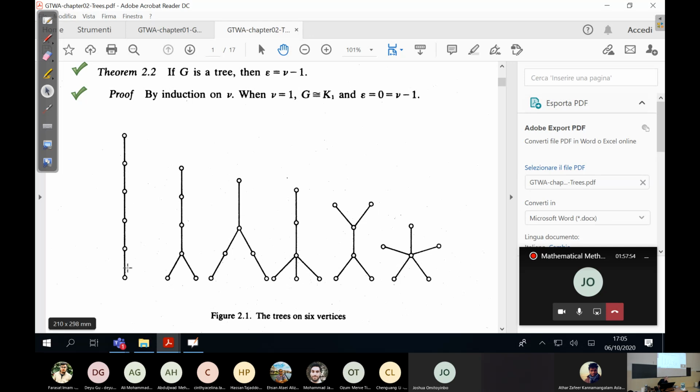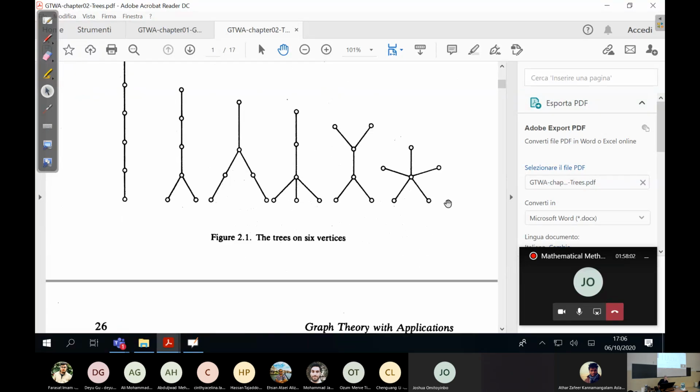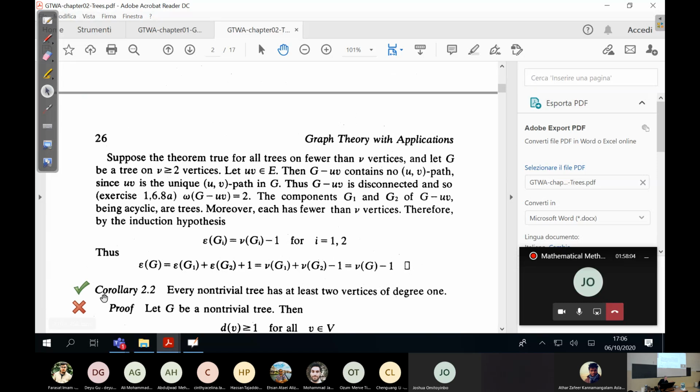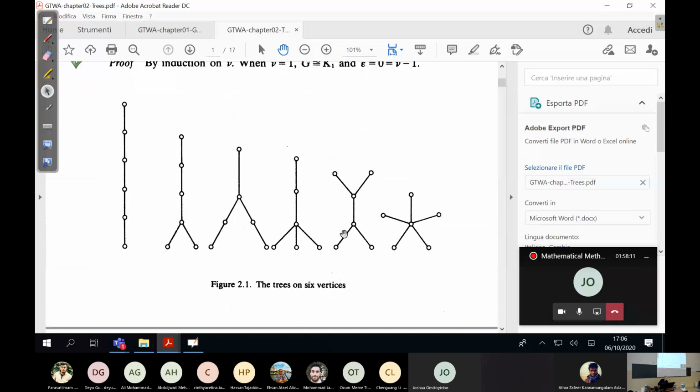This will be important in one of the exercises, okay? And there are things which you can see already here. One is this corollary to 2. Every non-trivial tree has at least 2 vertices of degree 1, okay? And you will have an exercise about this number 2 of vertices of degree 1.